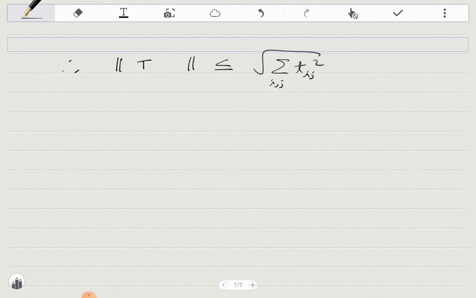So in short, the operator norm is less than or equal to the standard Euclidean norm of the matrix.